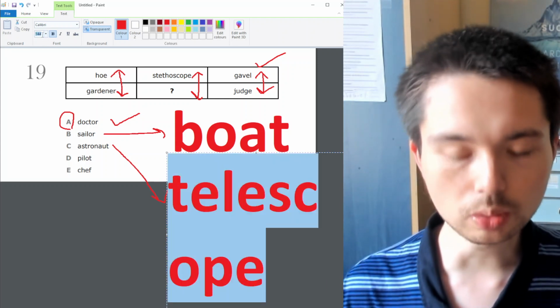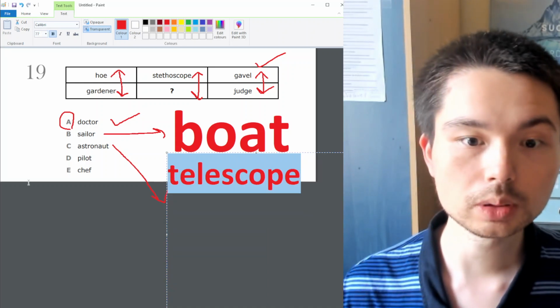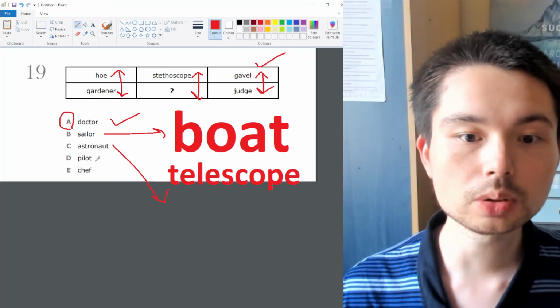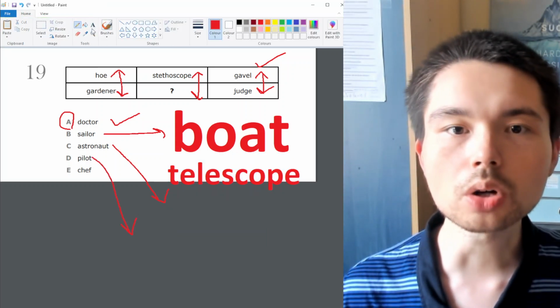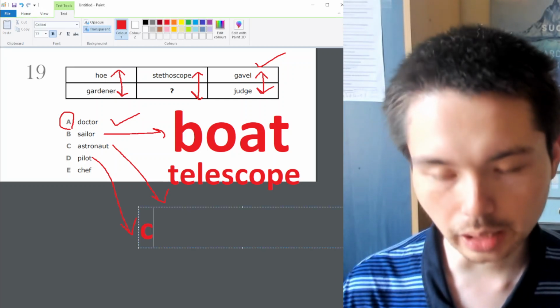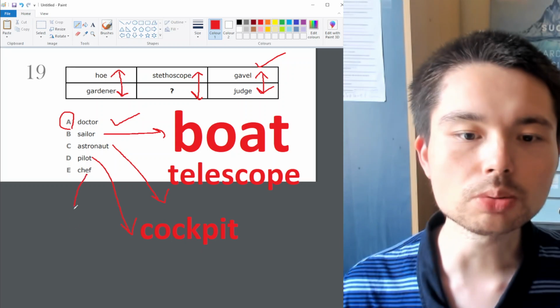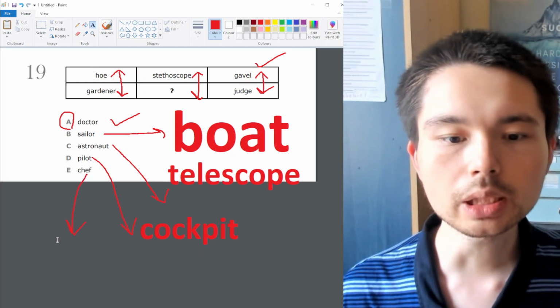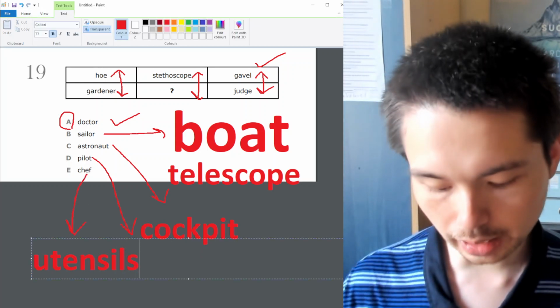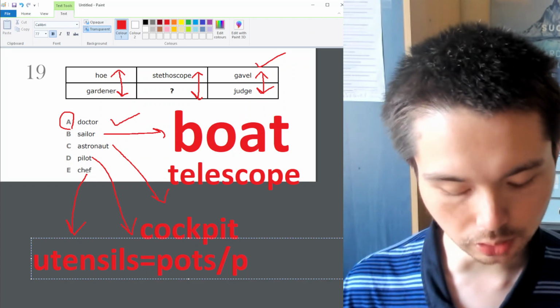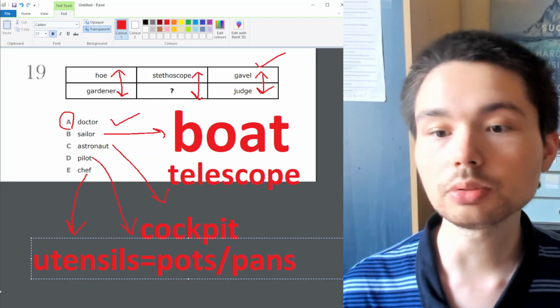Let me just make it smaller, the text is way too big. Pilot. We'll use the steering wheel. We'll use the cockpit. That's where they are flying the plane. And then a chef will use equipment, utensils, cooking equipment, pots and pans in order to cook up the food. That's how I'm going to make this useful for you guys.